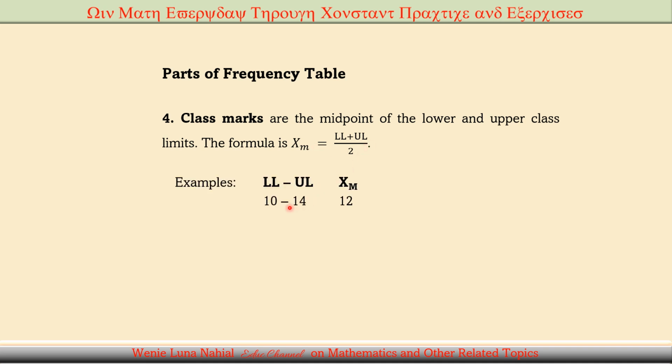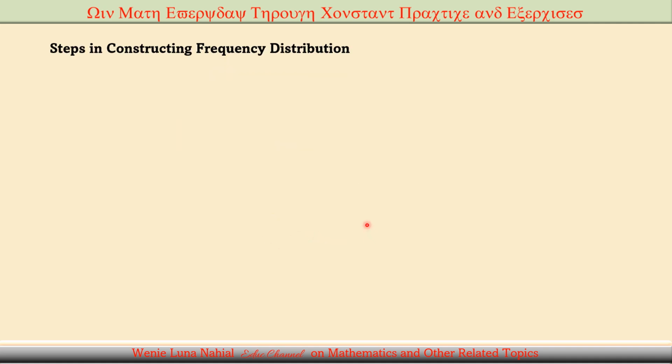In this illustration, the lower limit is 10, the upper limit is 14. You take the sum, 10 plus 14, that is 24, divided by 2, so that is 12. So this is the class mark or the midpoint. For 15 to 19, the class mark is 17. For 20 to 24, the class mark is 22.